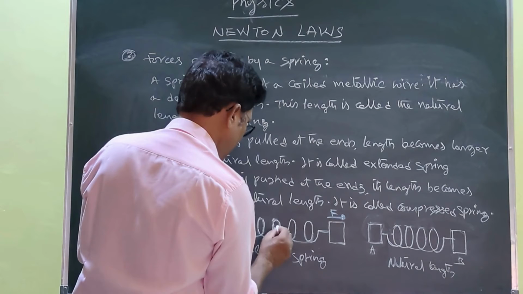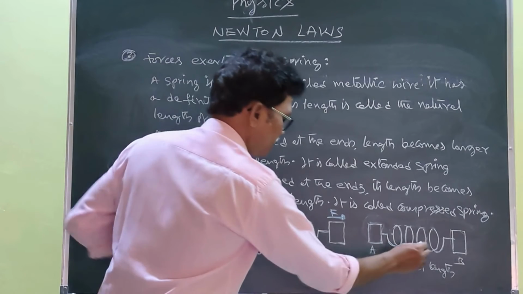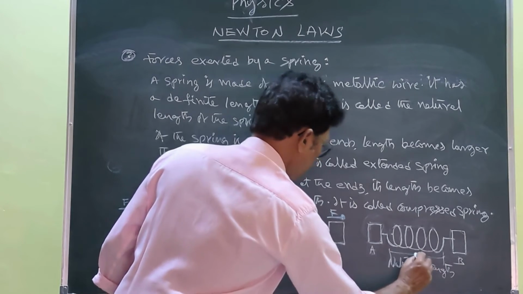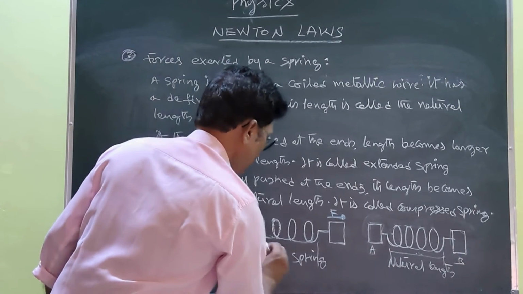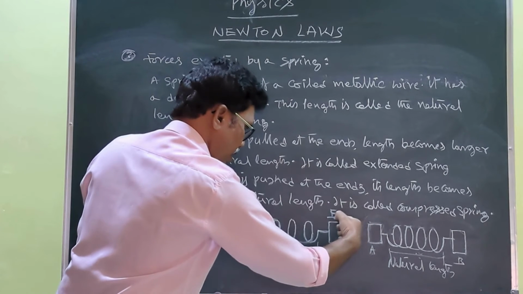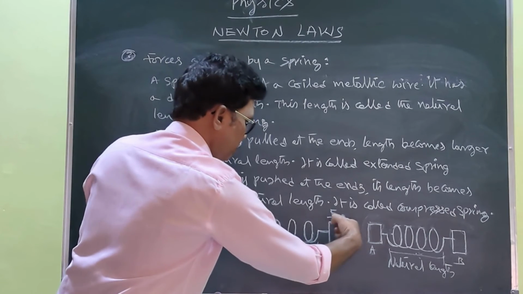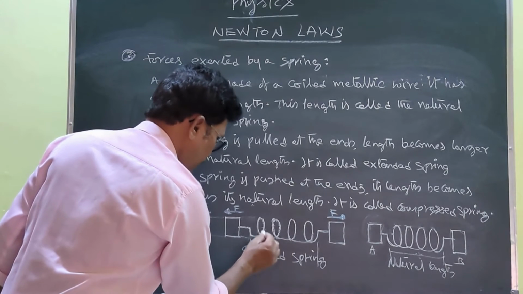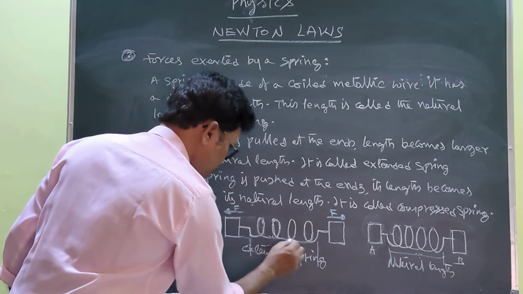Between the rings the distance is extended, so this length is greater than this length, because you are applying force away from the spring, pulling either side of the spring. You can observe here, this is the coil length, between these rings the distance is increased.